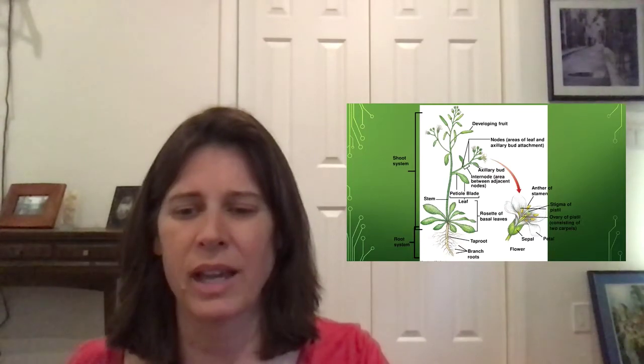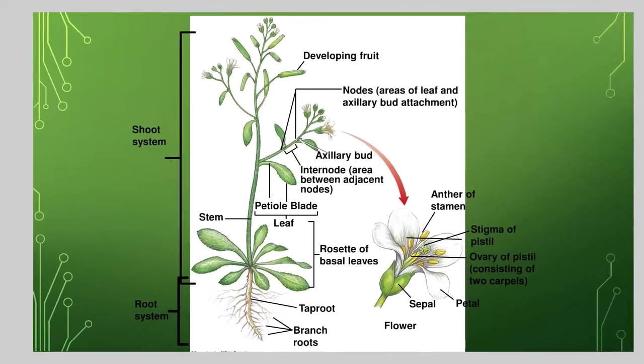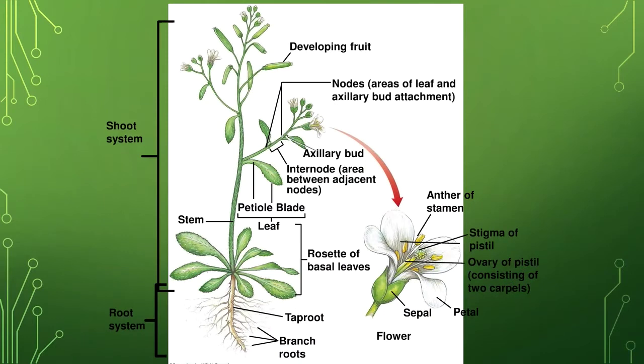Okay. So vascular plants, and I'm going to go ahead and zoom in on these as well so you could see them a little bit better. Right? So vascular plants are usually organized into an underground root system and an aerial shoot system. So the aerial system, again, everything above the soil, consists of your stem, leaves, and then in flowering plants, it's the flowers and fruits.